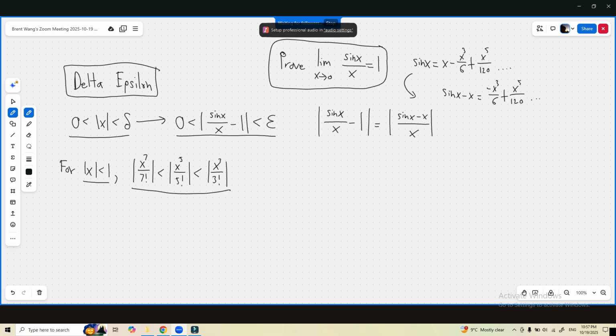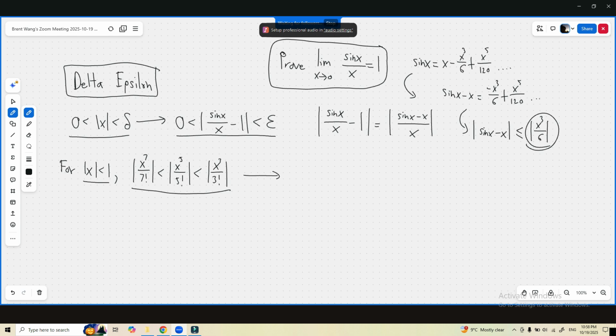So in turn, right here, the absolute value of sine x minus x is at most equal to the absolute value of x cubed over 6. It's no bigger than this value.